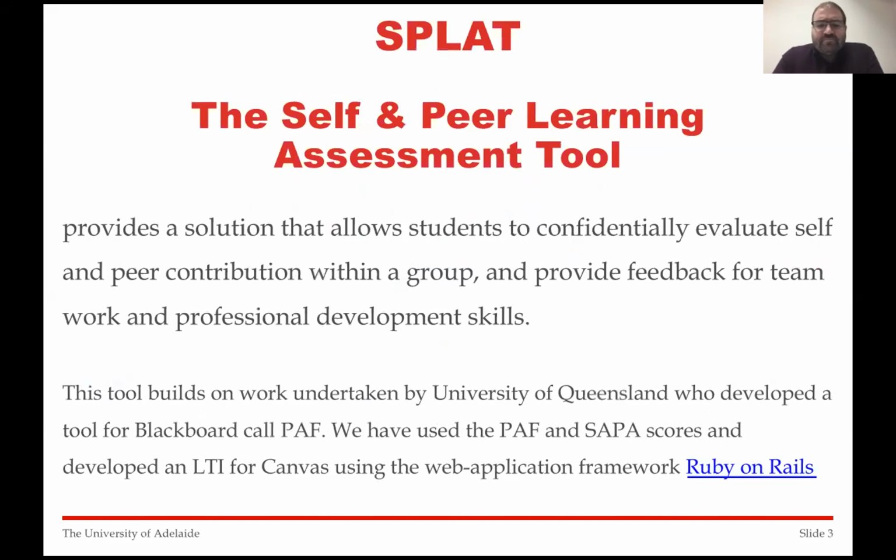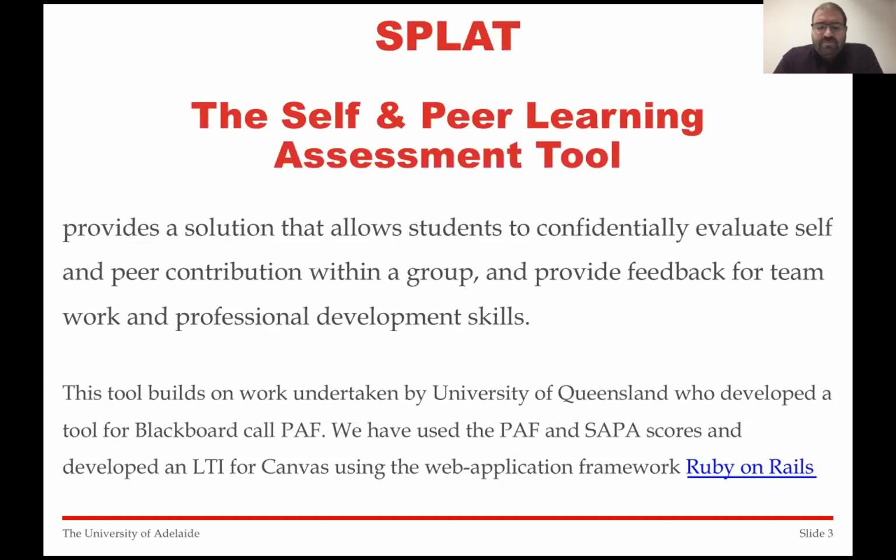Basically, a bit of words here about what it is. This was originally developed at the University of Queensland as a plug-in for Blackboard, and it was called PAF, Peer Assessment Factor.